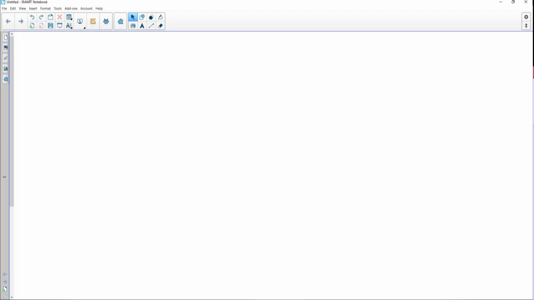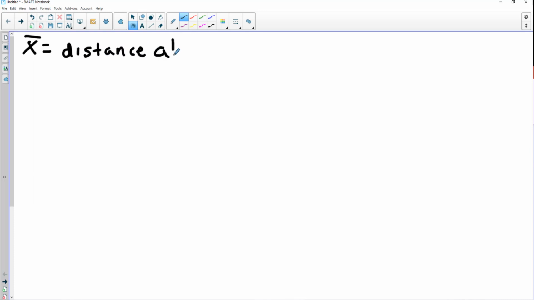When we attack this, we want to say that x with a line over it is equal to the distance along the x-axis, or the x coordinate.